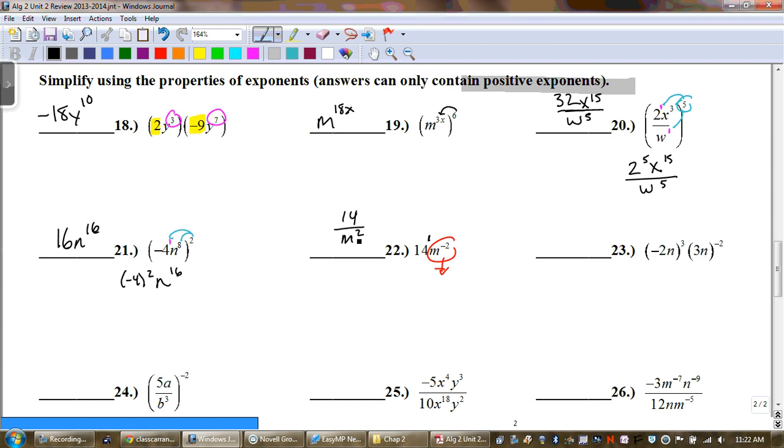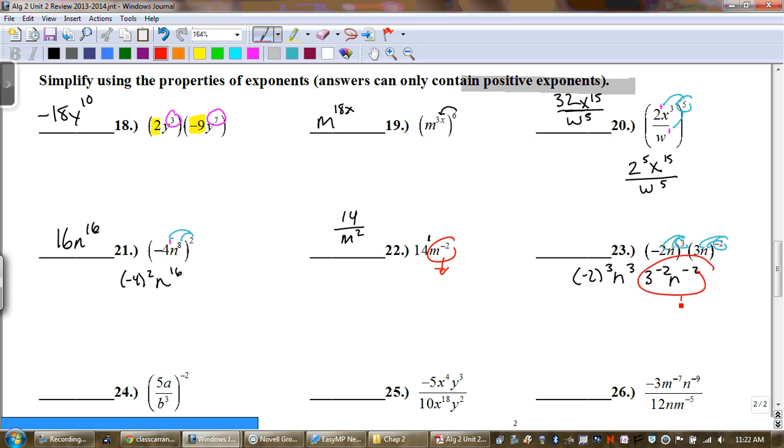Okay, 23. Before we start combining things, let's distribute the exponents. So this is really saying negative 2 to the 3rd power, n to the 3rd power, 3 to the negative 2, and n to the negative 2.